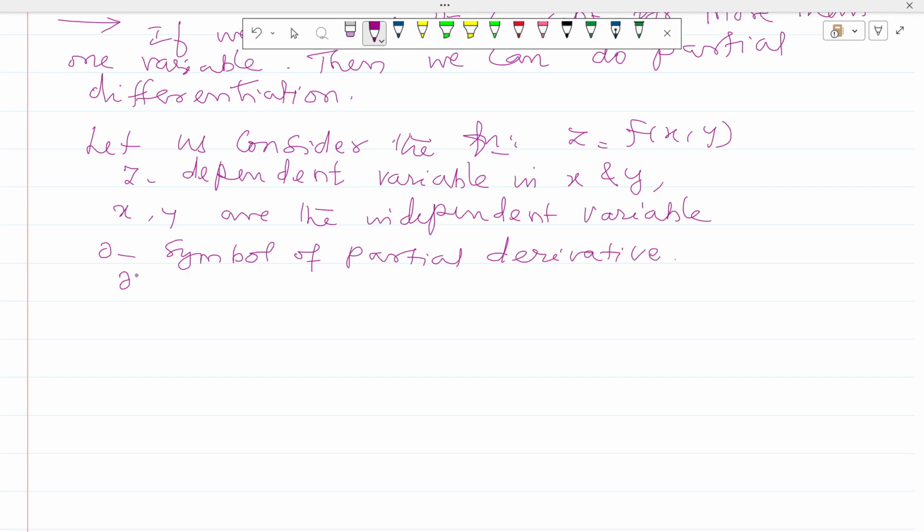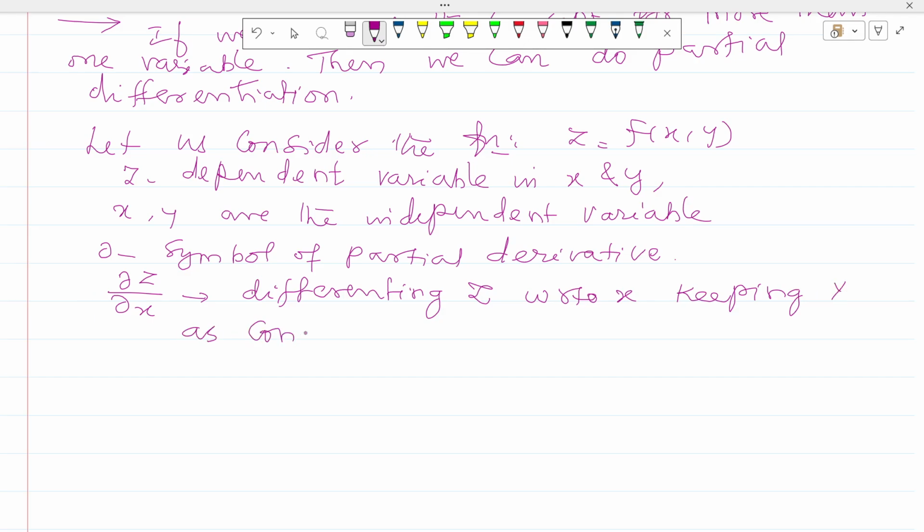Dou z by dou x means you are differentiating z with respect to x, keeping y as constant.